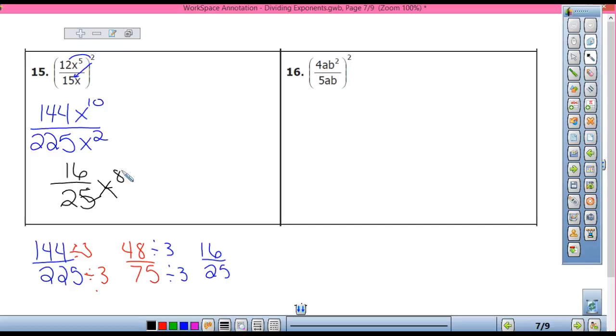Okay, so do 16. That squared has to go to both the top and the bottom.